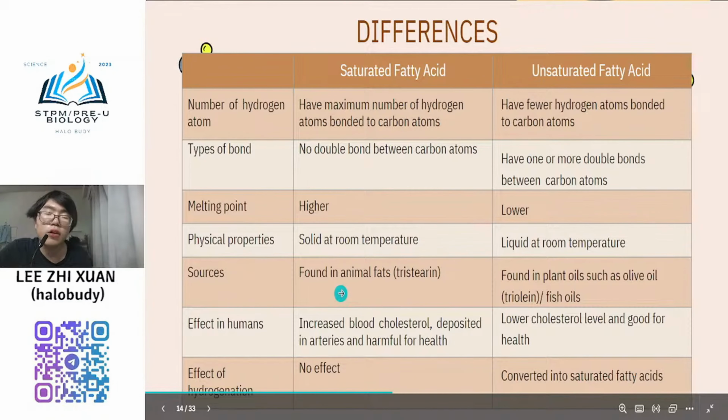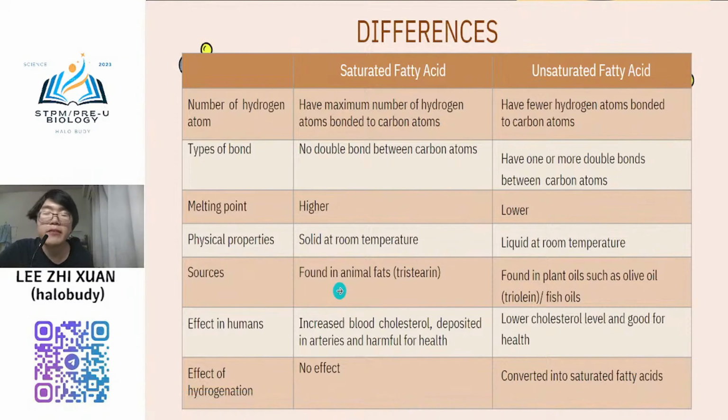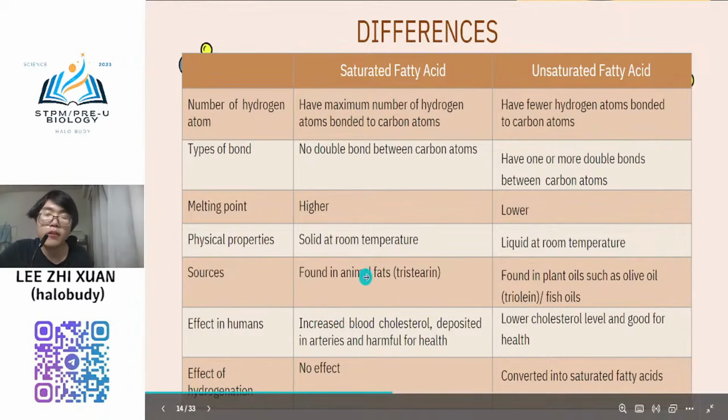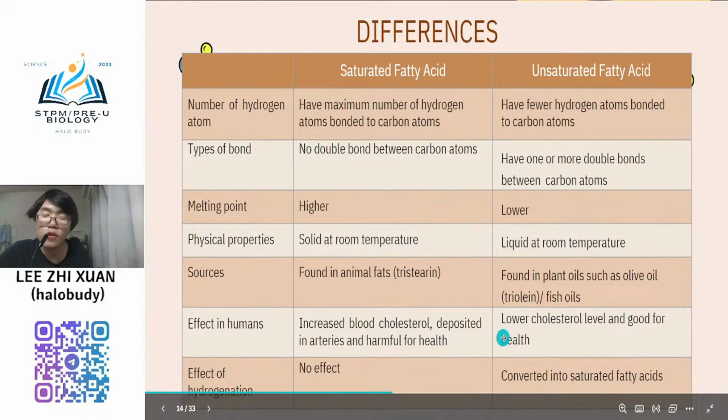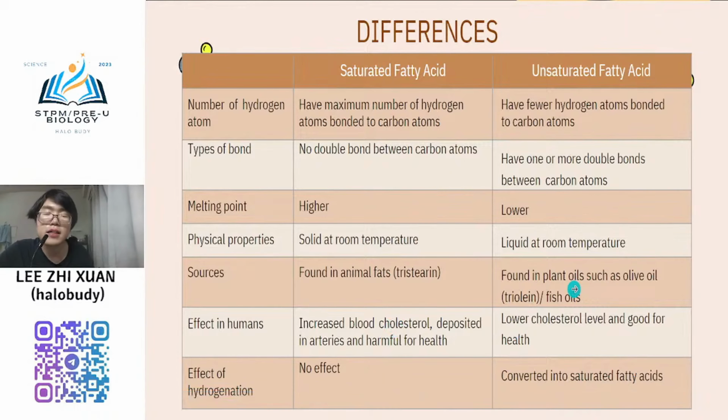Normally we know that saturated fatty acid is the bad fatty acid, right? If you consume a high amount of saturated fatty acid, you will get cardiovascular disease. Unsaturated fatty acid is good for health, but not necessarily that eating a lot of unsaturated fatty acid is good. But compared to saturated in the same amount, unsaturated is healthier.